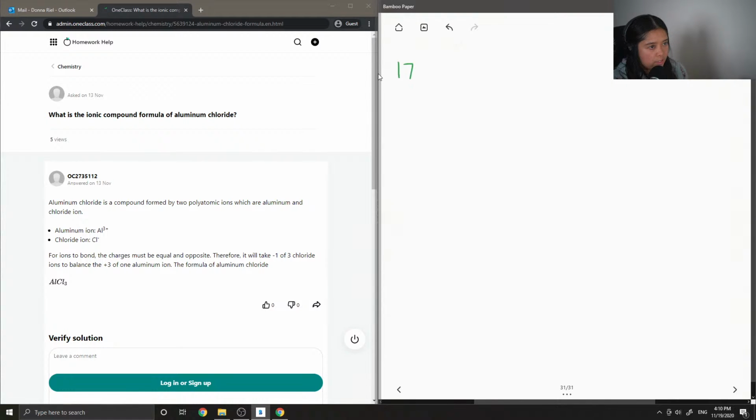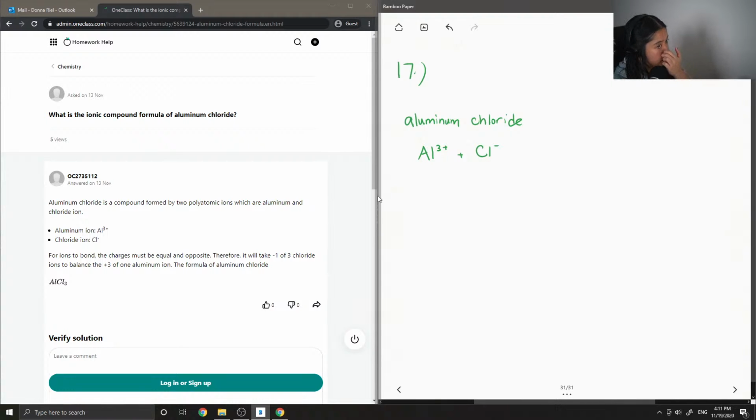Okay, question 17 asks, what is the ionic compound formula of aluminum chloride? Okay, so let's look at aluminum chloride's different ions. So aluminum, its ion is Al3+, and a chlorine ion is Cl-.